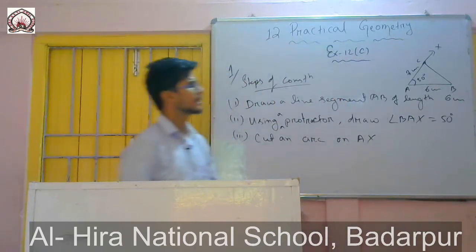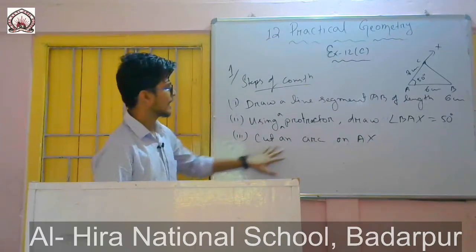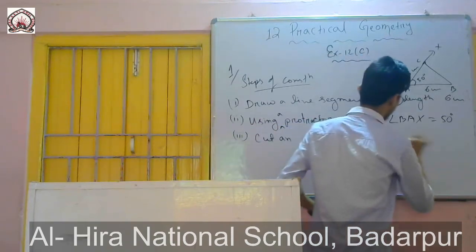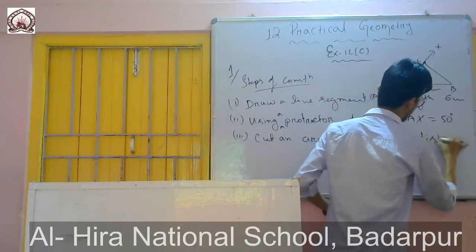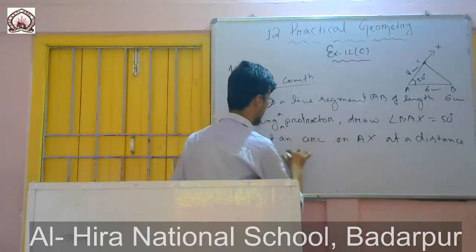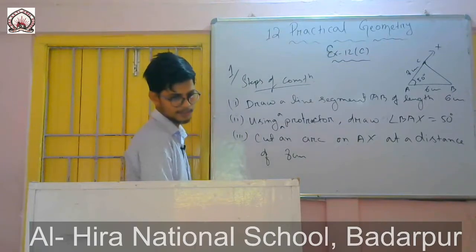We cut an arc on AX at a distance of how much centimeter? 8 centimeter. At a distance of 8 centimeter.